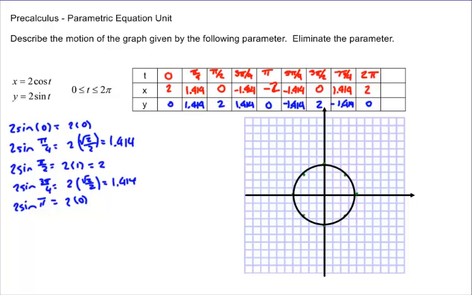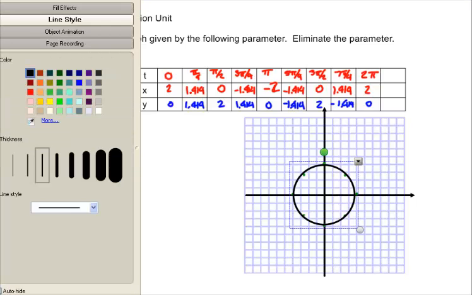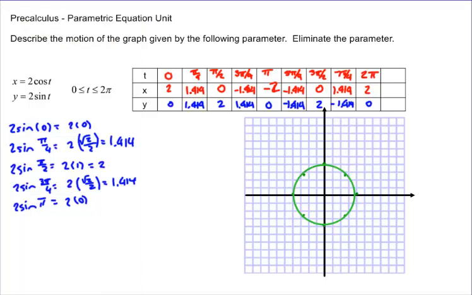So let me make that circle a different color because we're going to talk about it for a second. So there's your circle. Okay? And how do you write the equation of the circle? Well, the equation of the circle, in case you may or may not remember, is x minus h squared plus y minus k squared equals r squared.